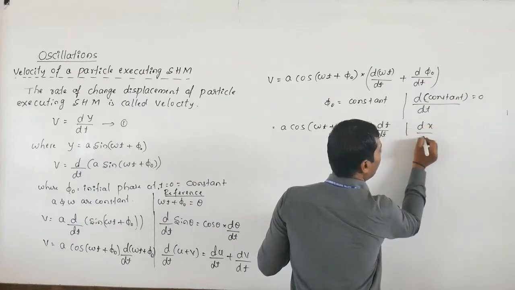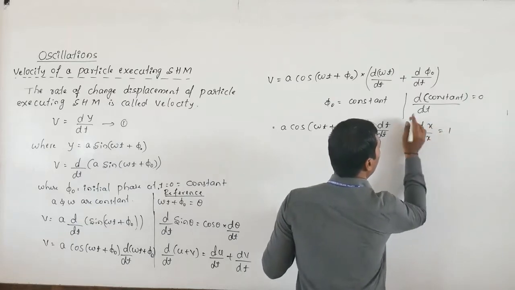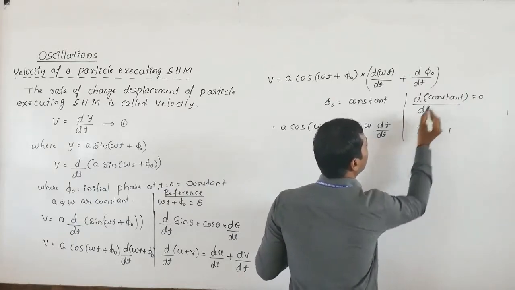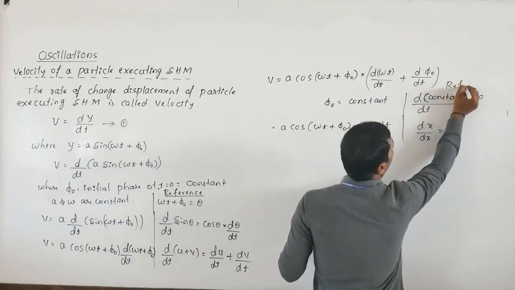dt by dt is nothing but differentiation of a term with respect to the same term, which is 1. Differentiation of x with respect to x is what? 1. I'll write it for reference purposes here.